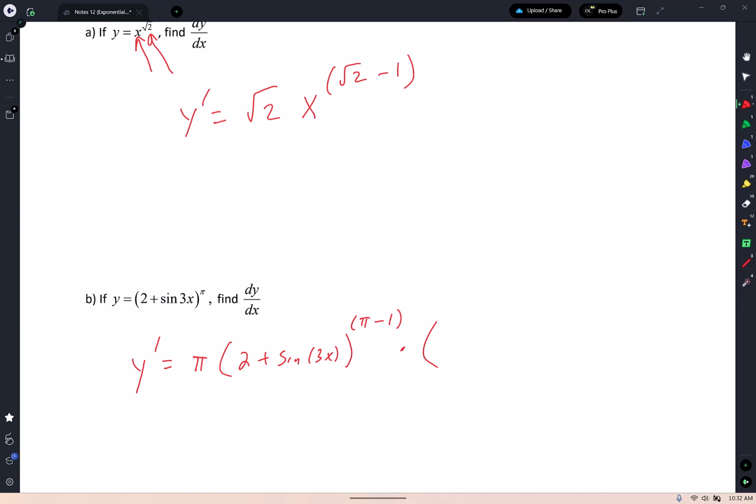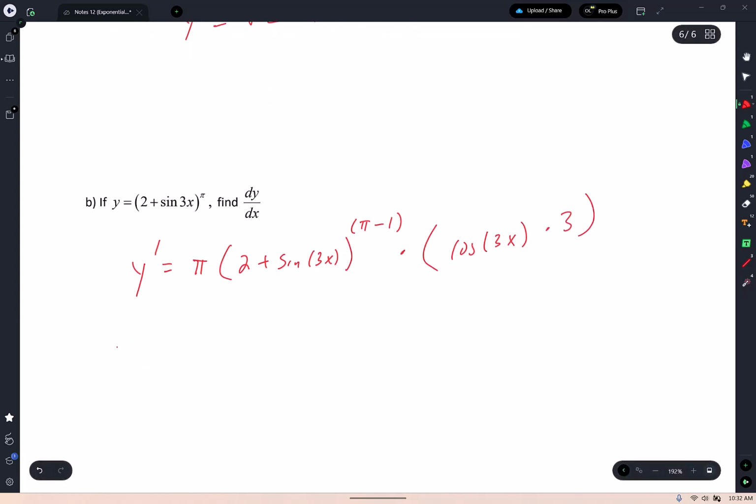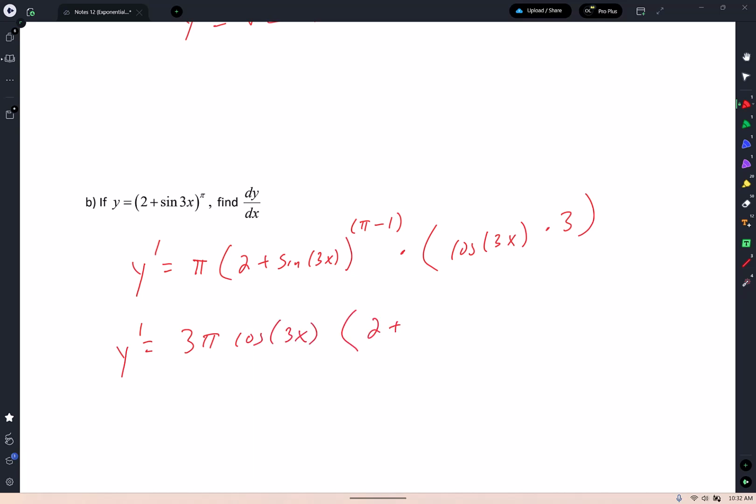What's the derivative of sine? Cosine. Keep the argument, 3x. Am I done now? No. What's the derivative of 3x? 3. If you want to rewrite all of it, y prime equals, let's see, 3 pi. I would probably put the cosine first because it's simple. Cosine 3x, giant parenthesis, 2 plus sine 3x, close, power pi minus 1. And I will put the pi minus 1 in parentheses so no one gets confused.